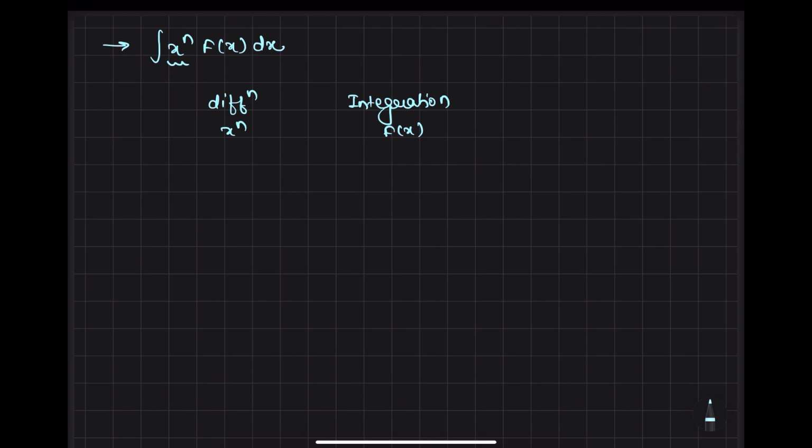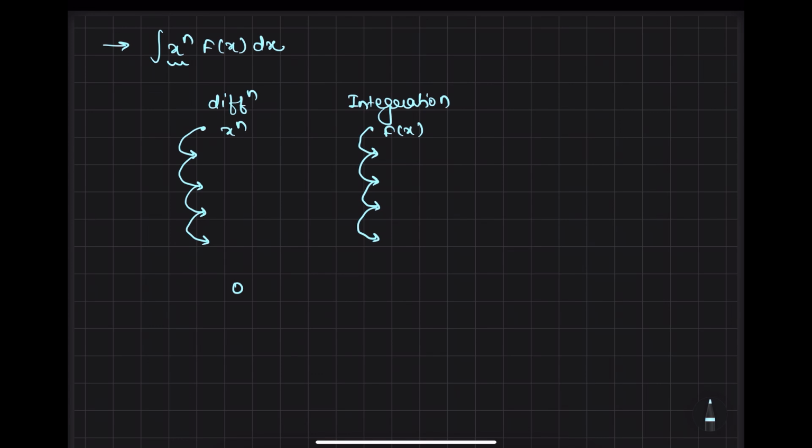You keep on differentiating the first function until you get 0. And the same with the second one: integrate, integrate, integrate, integrate. So the first thing has to be differentiated and the second thing has to be integrated.